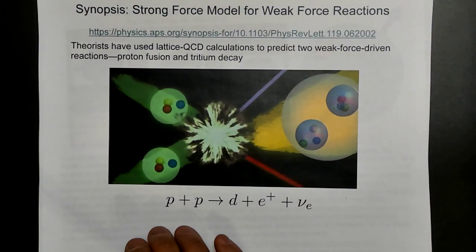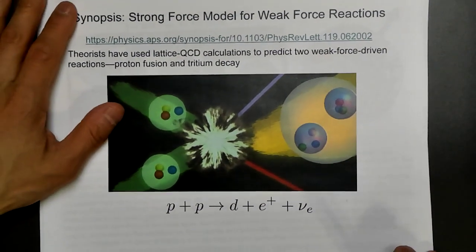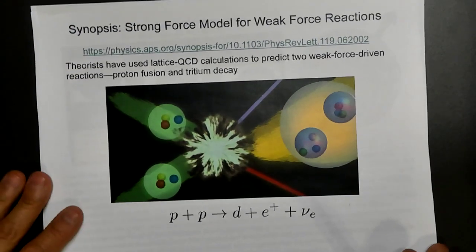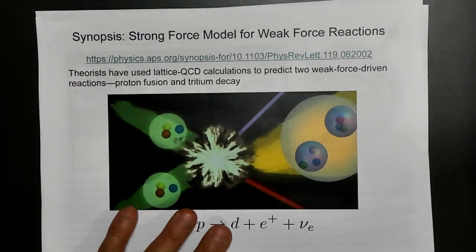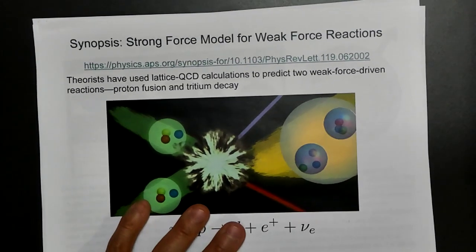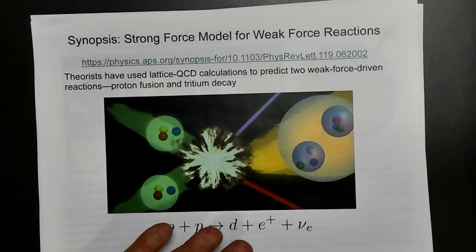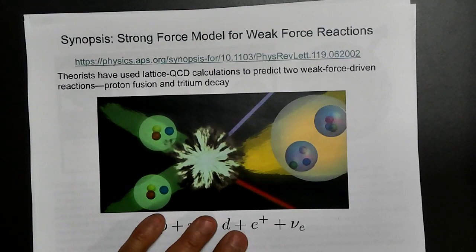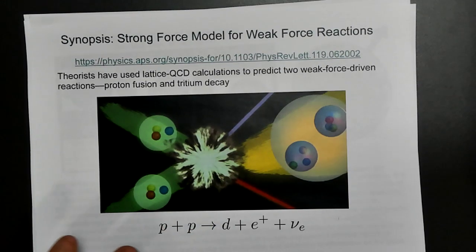Now, there was also more recently, just a few years back, a calculation by the NPL-QCD collaboration. NPL: NP stands for nuclear physics, L stands for lattice, and QCD is quantum chromodynamics.